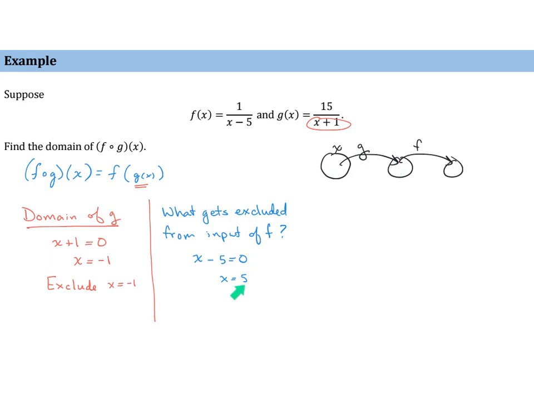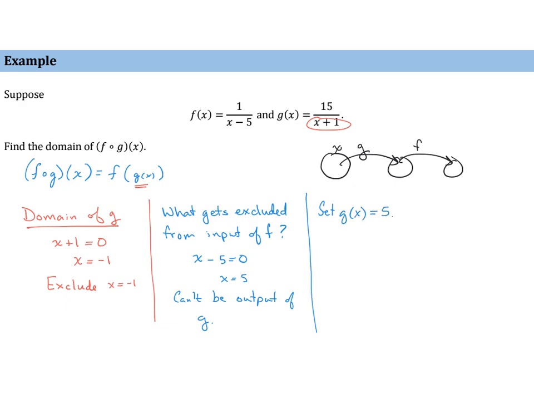So this 5, even though it's an exclusion of an input of f, means it's an exclusion of an output of g. So we don't want this to be an output of g. So what we're going to do is set g of x equal to that output.